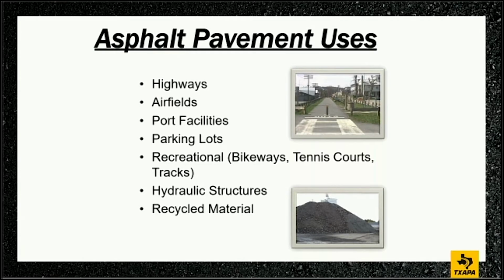I want to reach out to Austin Bridge and Road. They just finished completing the second phase of the DFW airport in flexible pavements. This is one of the busiest airports in the United States, and it's made out of asphalt pavements. So we know that we can do parking lots, highways, airfields.